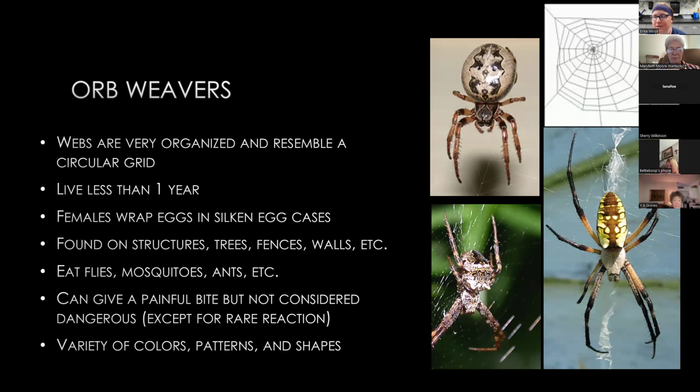But for anyone who does not have that kind of allergy, it's really not going to be anything to be worried about. Okay, so just know that. Orb weavers come in many kinds of colors, patterns, and shapes. They may have a spherical to oval to almost pentagon-type abdomen. So there are so many different varieties out there.